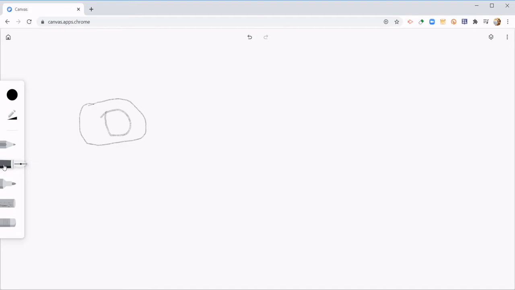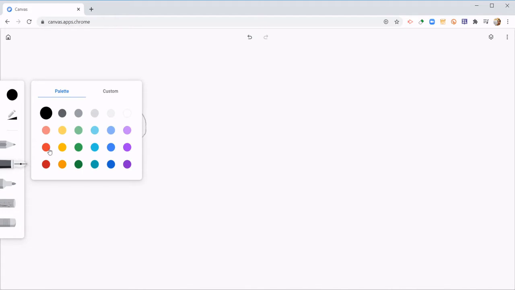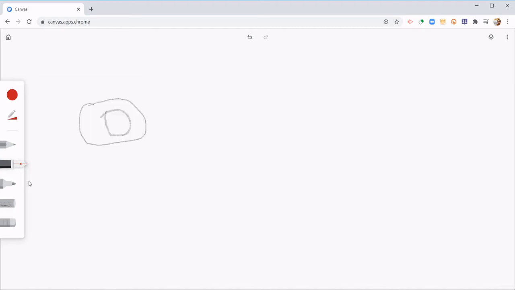So let me change the color because I have to show you the different structures and organelles with different colors. So let me draw the DNA. Sorry, it went a bit outside, so let me rub it. Okay, now it's fine, I think.